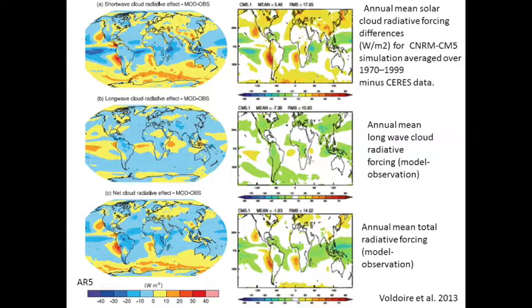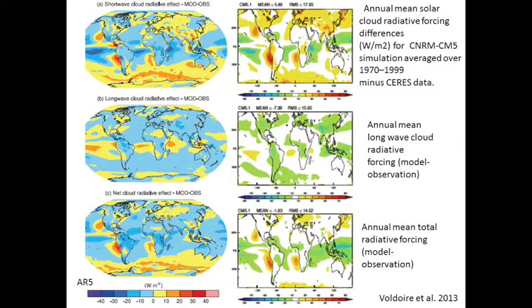So when we have this positive here, this means that there is less long-wave radiation emitted by the surface because the real will be greater than the model.